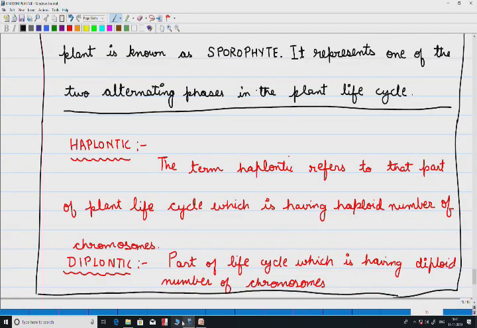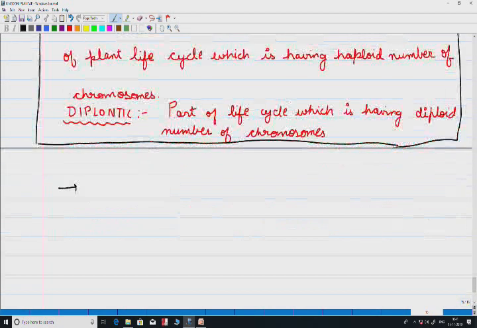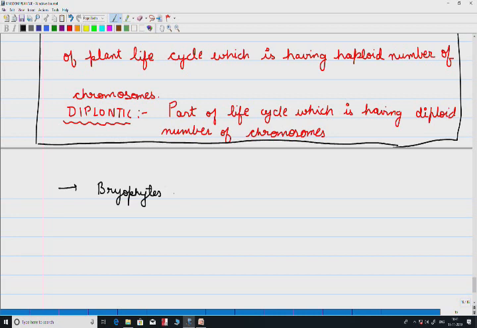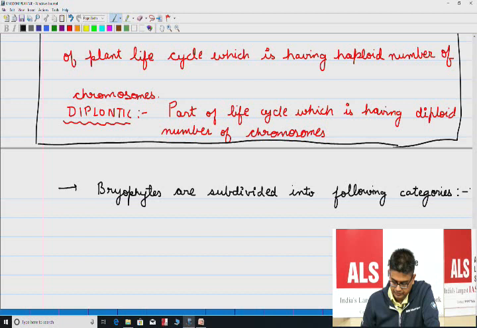What I want to show you is the life cycle and the division of bryophyta. Next point, please write: bryophytes are subdivided into the following categories. What are those categories?